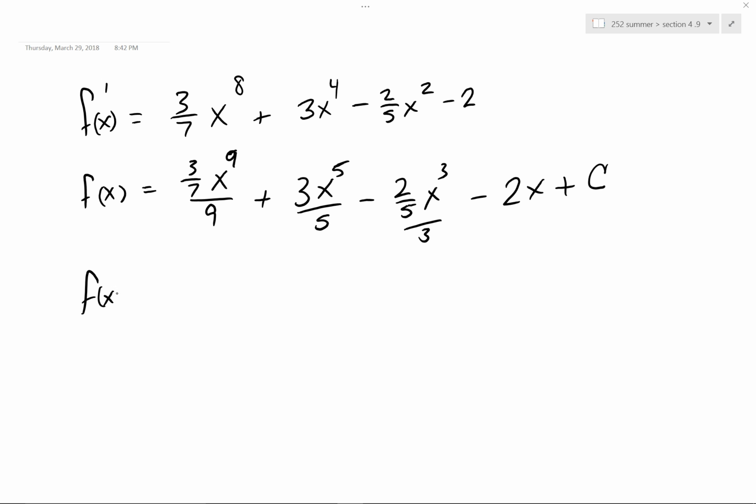And so if you clean that up a little bit, that's really 3/7 divided by 9 is the same as timesing by 1/9. And of course this is just 3/5. I'm going to leave it alone if that's all right with you. 2/5 times 1/3.